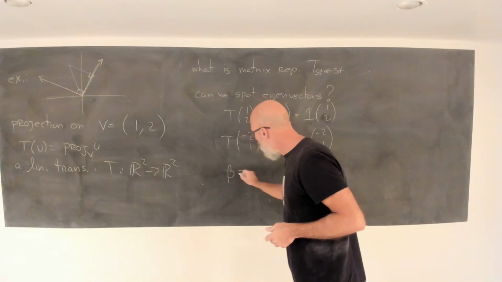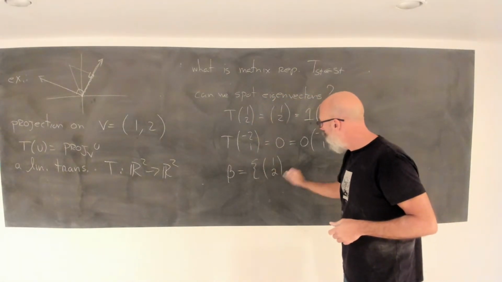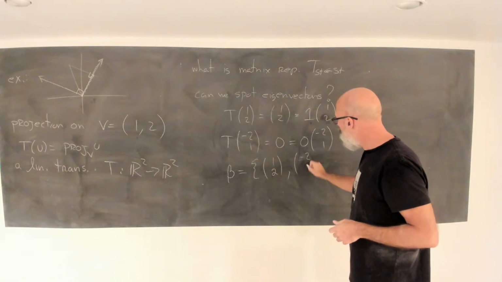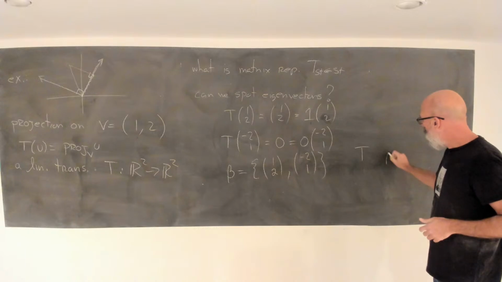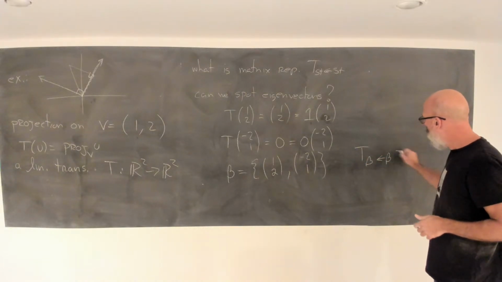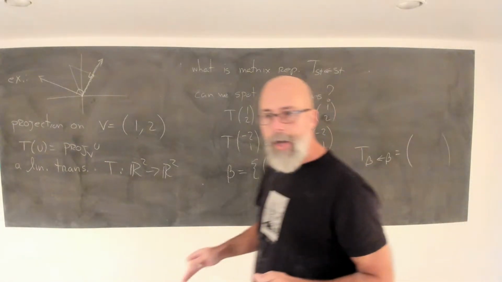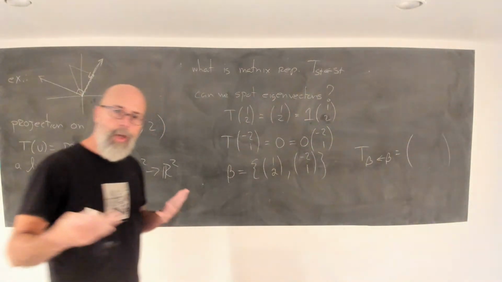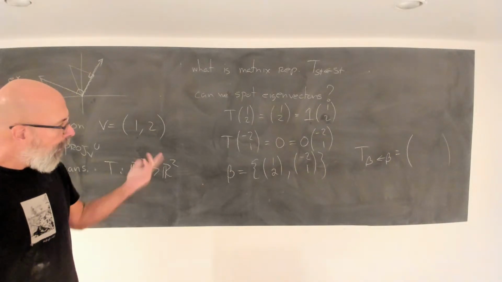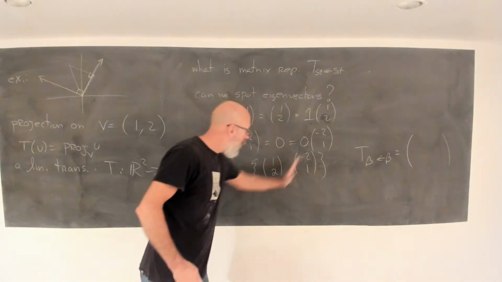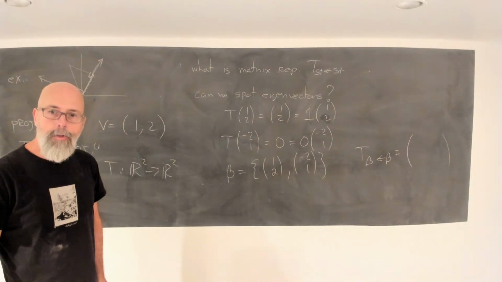So if you build an ordered basis B of these eigenvectors, T from B to B will have a diagonal representation with the eigenvalues on the main diagonal in the order in which they appear as eigenvectors in the basis B.